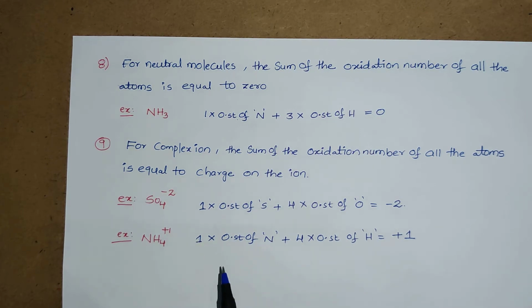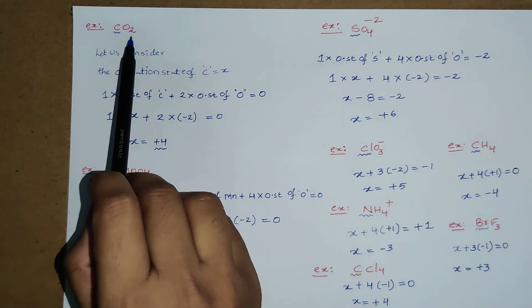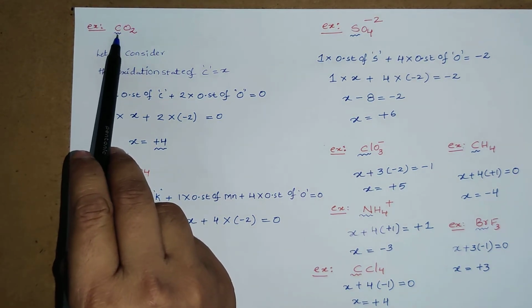So, these are the certain rules framed to calculate the oxidation state of any atom present in a molecule. Now, let us discuss certain examples of how to calculate the oxidation state of different atoms present in a molecule. First example, carbon dioxide. In carbon dioxide, I want to calculate the oxidation state of carbon.